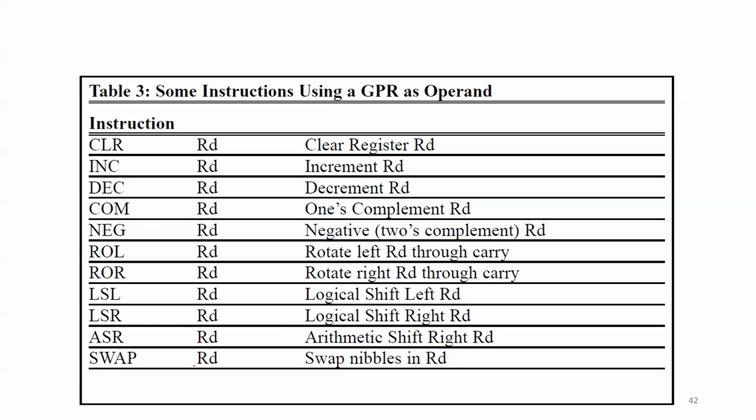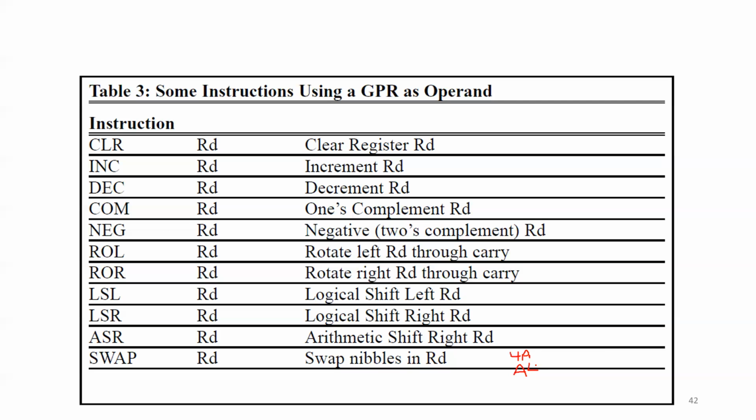SWAP means change or exchange the data inside the two nibbles of the byte of your register. For instance, if you have data in the register like 4A, after making swap, the data would be A4.